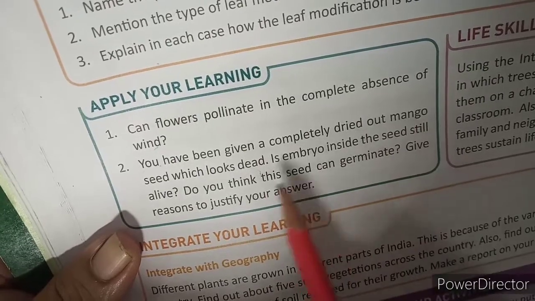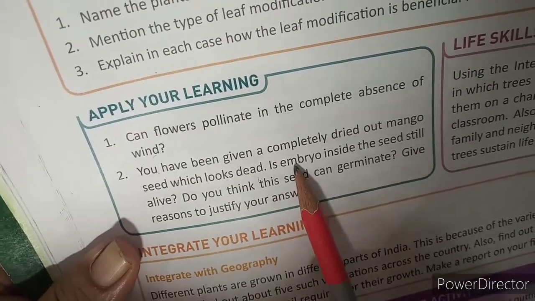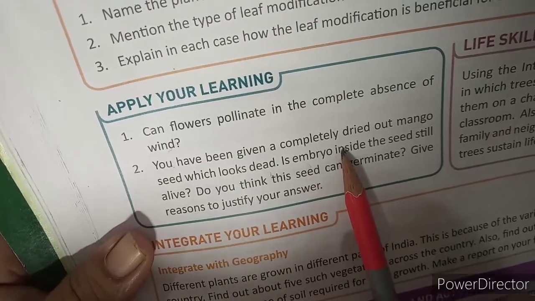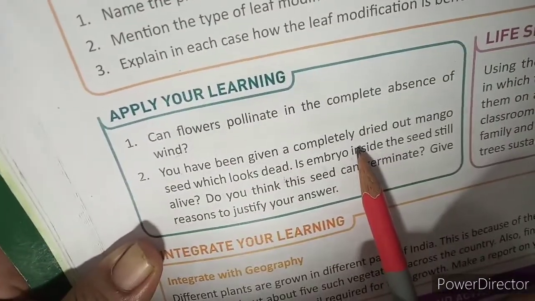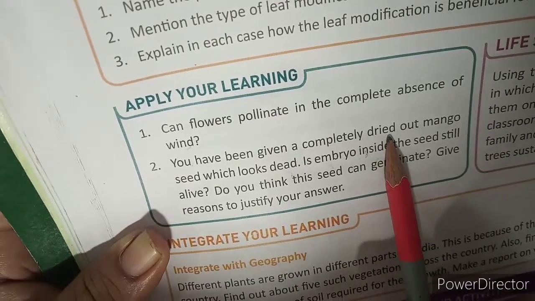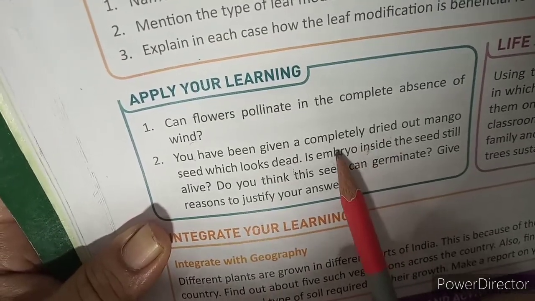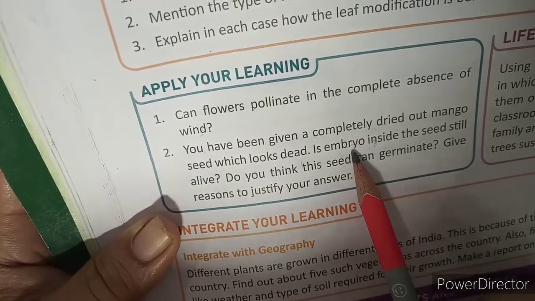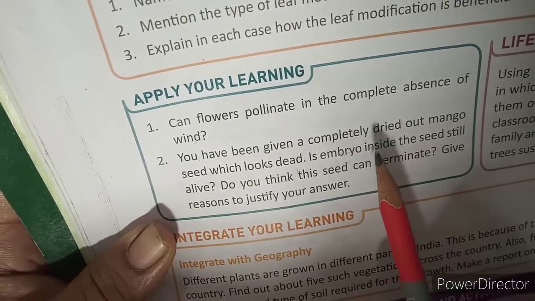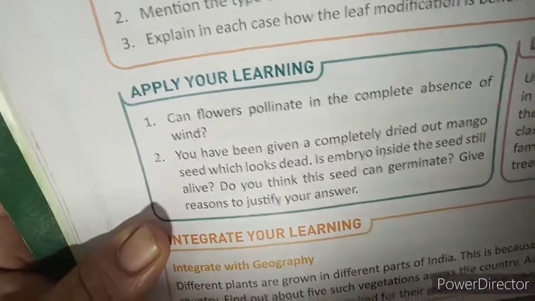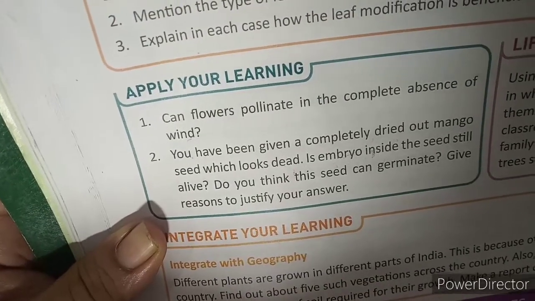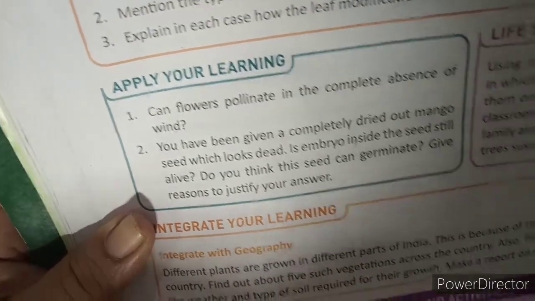Dried up means the embryo can be present inside it, and you have to water this seed and make the dried seed wet, and you can see in a few days whether a new seedling is coming up or not. Then it will show whether the dried out mango has an embryo or not.